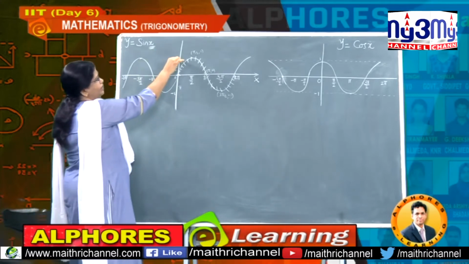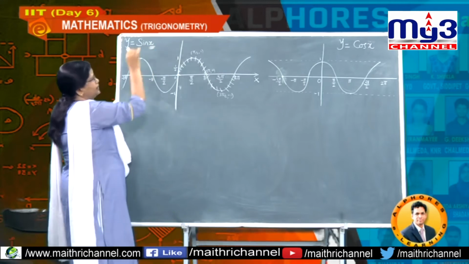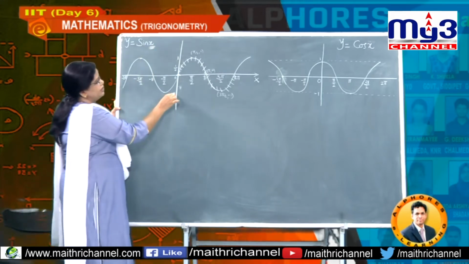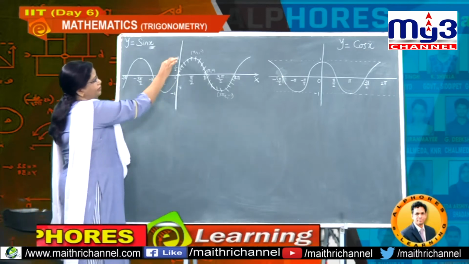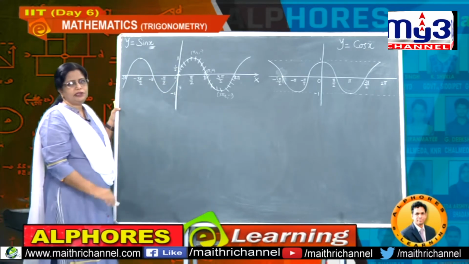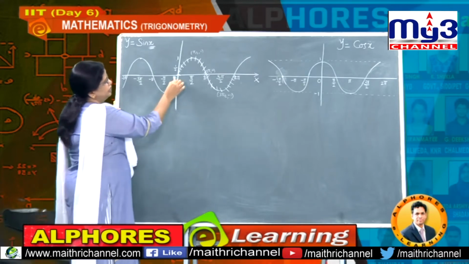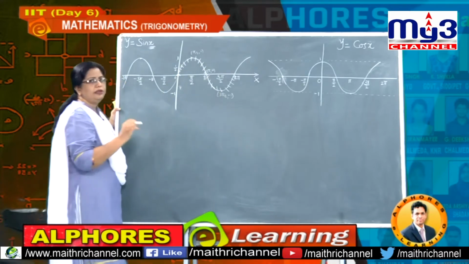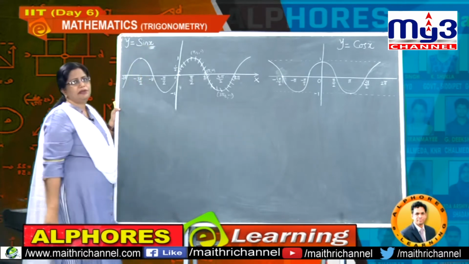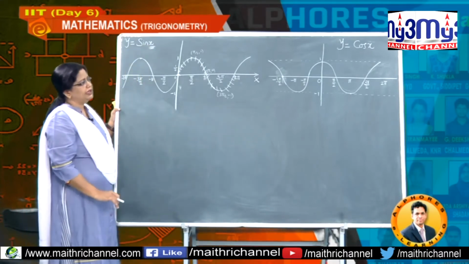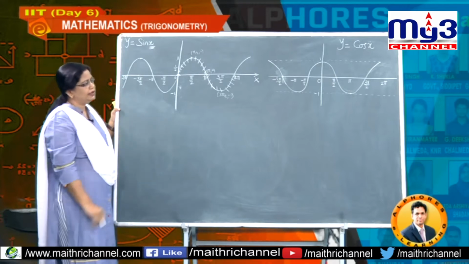And next, whatever the x, largest or smallest, the value is always between which values? -1 and +1, only in between these. And next, the sine function is a periodic function where the same shape is repeating in a gap of 2 pi units. That's why the period of the sine function is 2 pi. These are our observations from the sine graph.